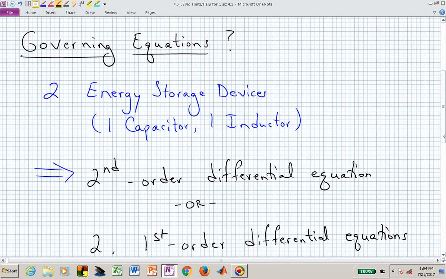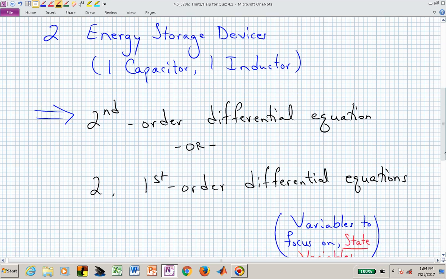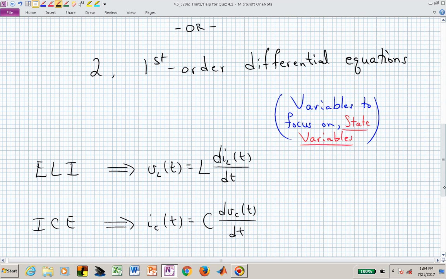And the other thing that you need to keep in mind until you retire, which I keep going over and over, is this ELI and ICE relationship. ELI is for the inductor, ICE is for a capacitor, and that gives us a way of remembering this differential relationship between current and voltage.